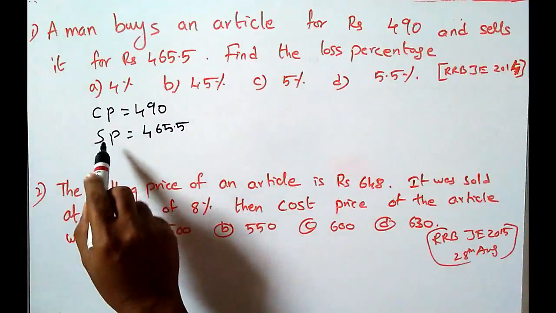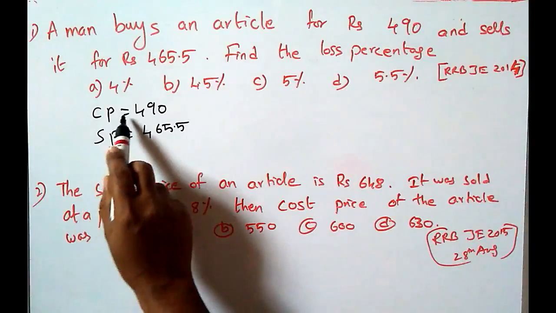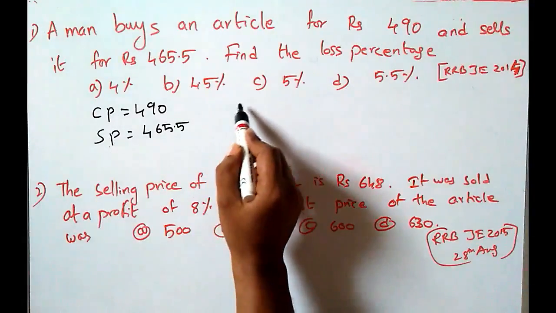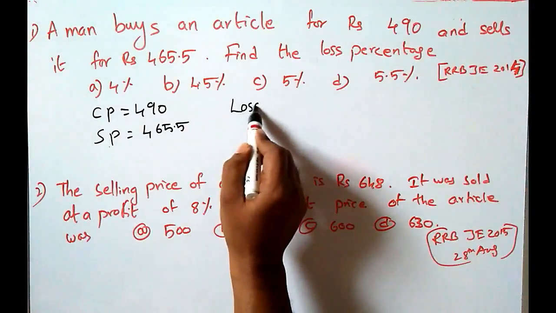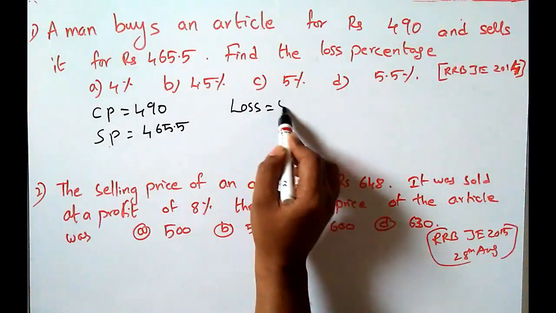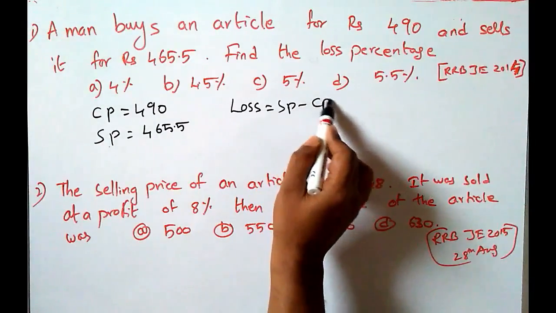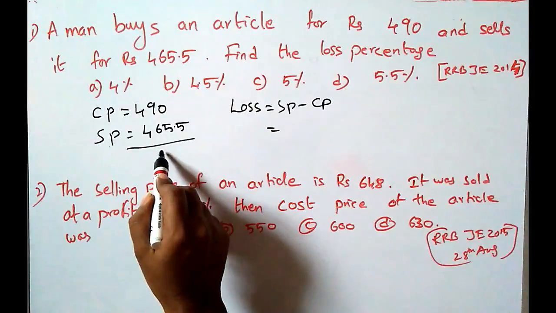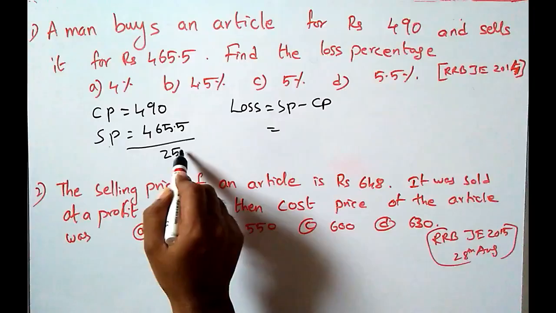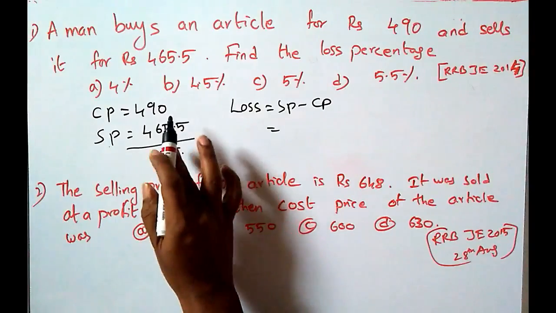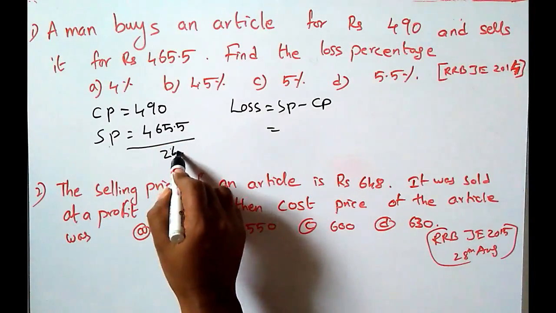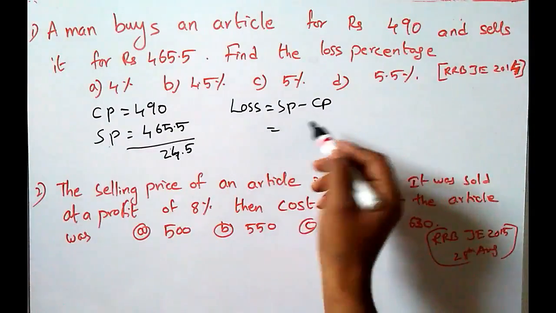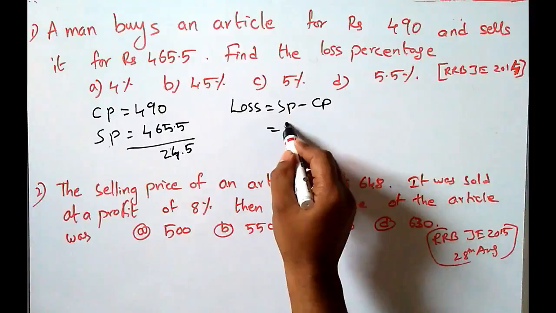You can identify that selling price is less than the cost price, so the man experienced a loss. What is the loss? Loss is CP minus SP. So what is the difference? If we take the difference, it will be 24.5 friends.